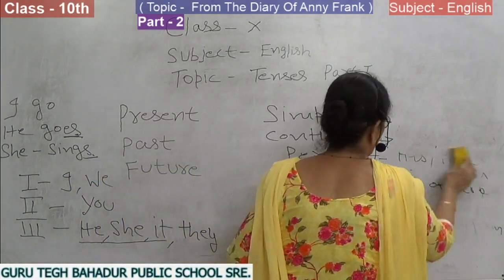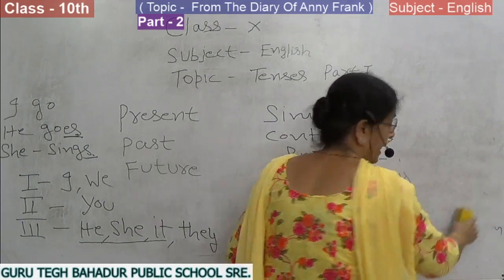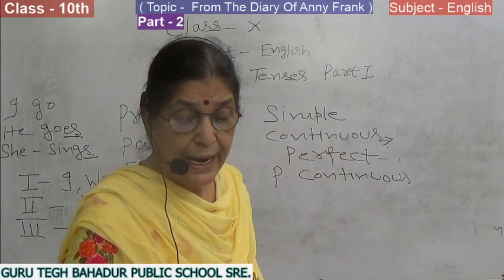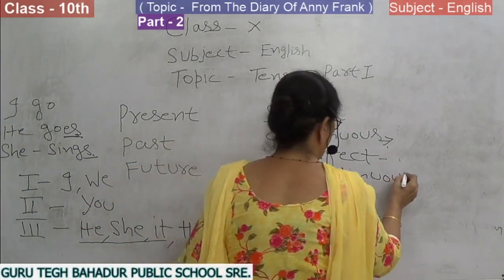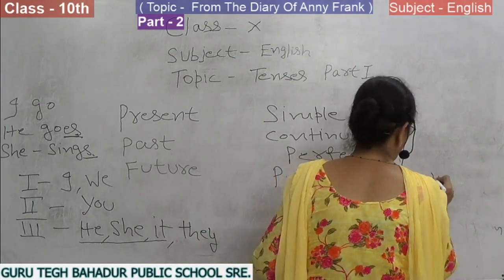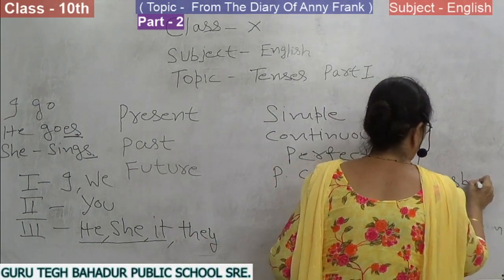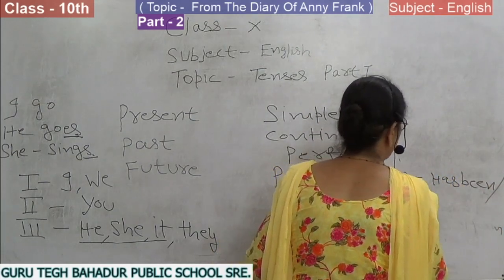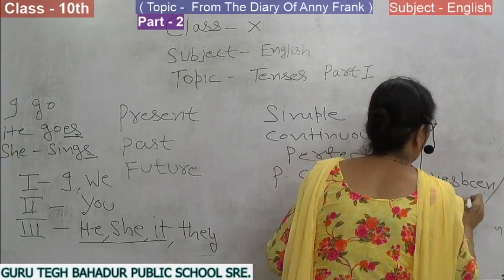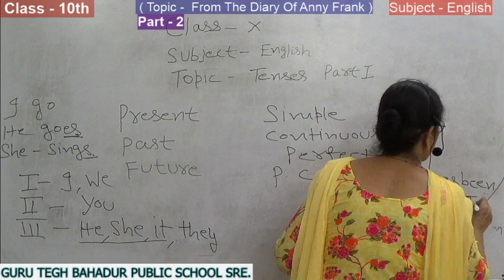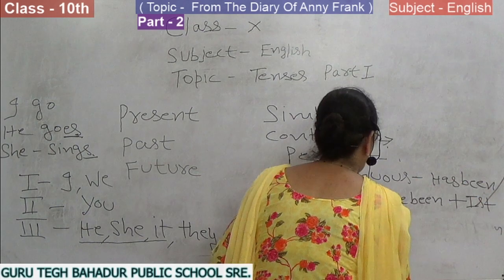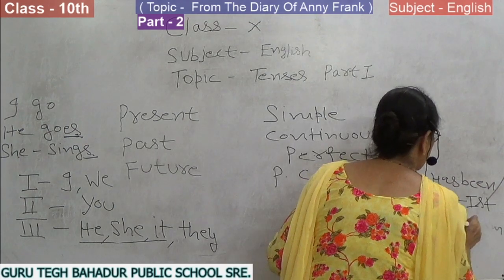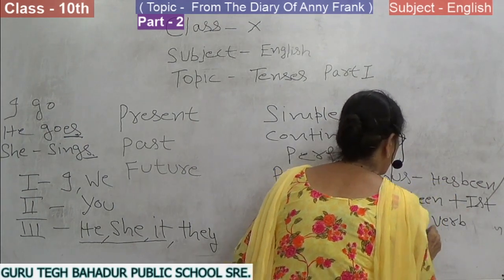Then we come to the present perfect continuous tense. For the present perfect continuous tense, the helping verbs which are used are has been, have been, plus first form of verb plus ing.